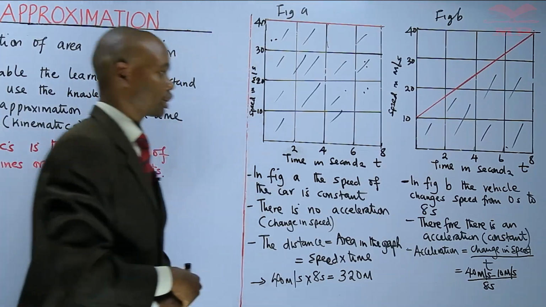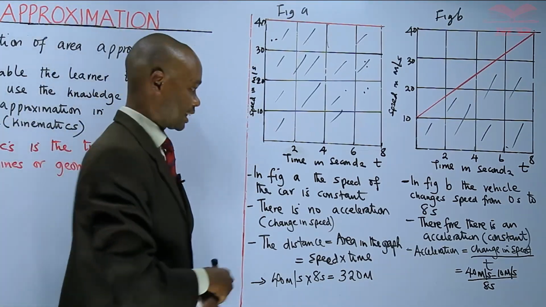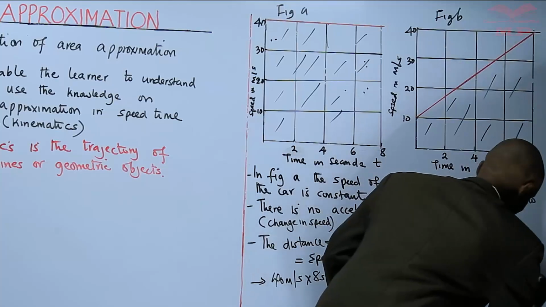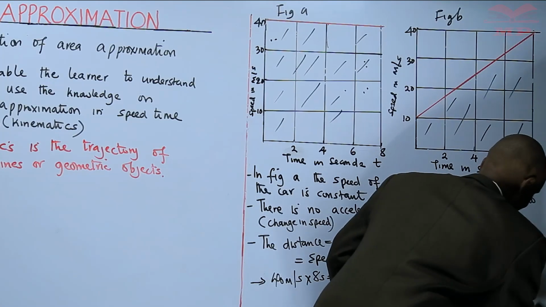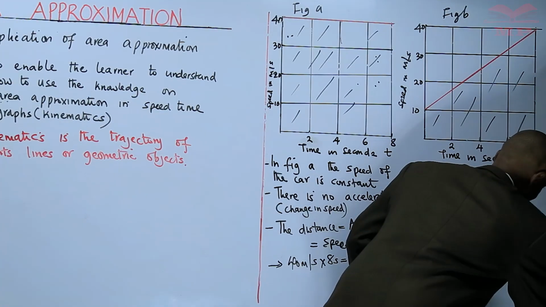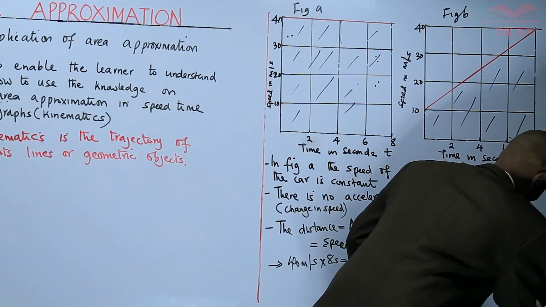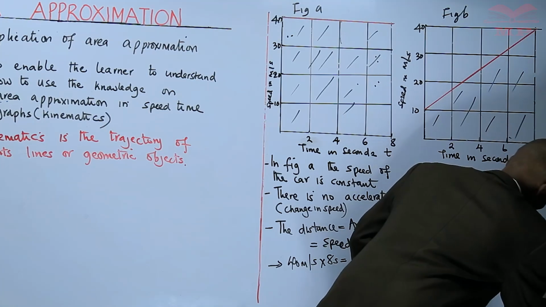Acceleration is equal to change in speed over time. So I'll come here and work out 30 meters per second divided by 8 seconds.